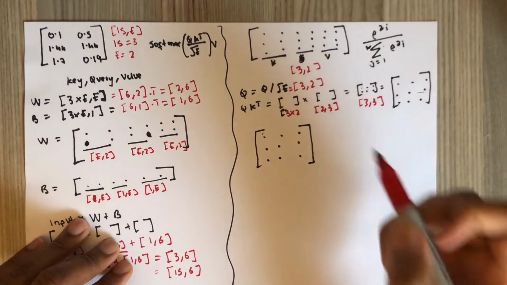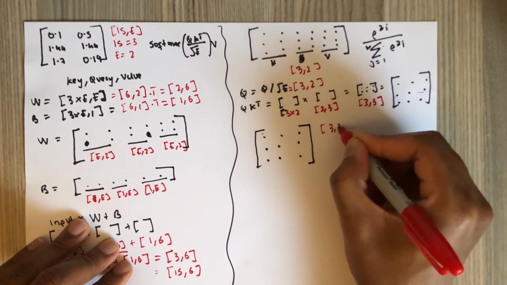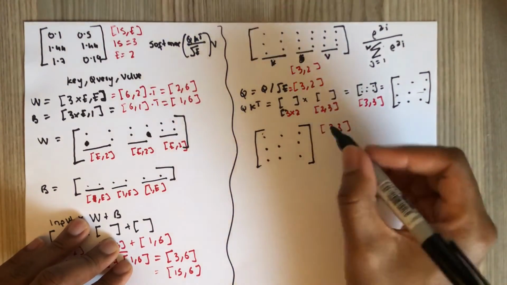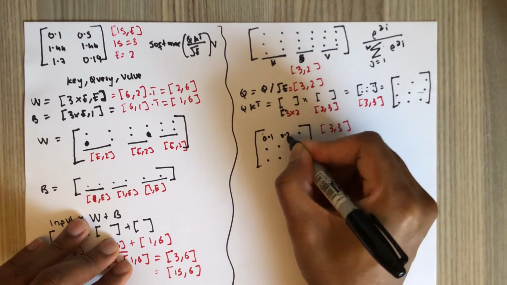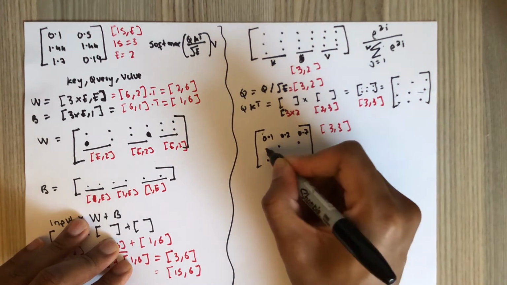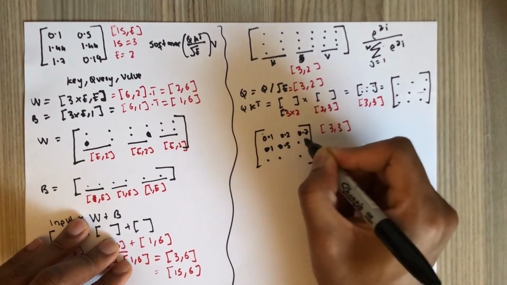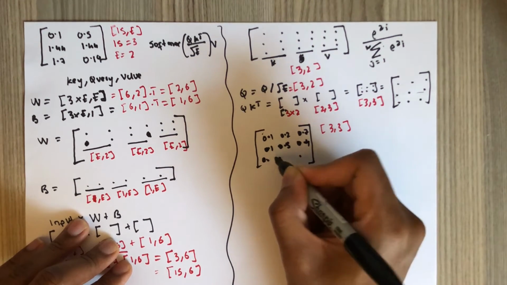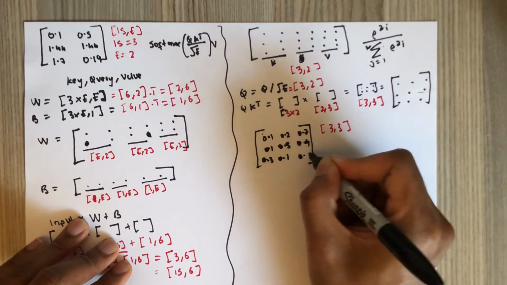It is still 3 by 3. But what's interesting is that, okay, let me actually write some values: 0.2, 0.7, 0.1, 0.5, 0.4, 0.3, 0.1, and 0.6.